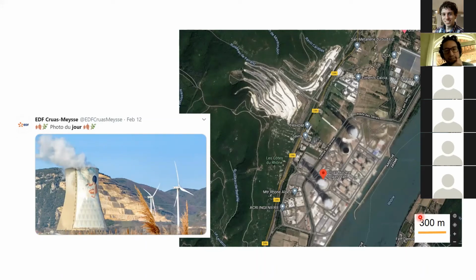As you can see here, right next to the Cruas nuclear power plant, there's a quarry sitting right over there. This quarry is named Cement Calcia. And this quarry would induce stress changes on the faults I will show you right next to it. Next slide.